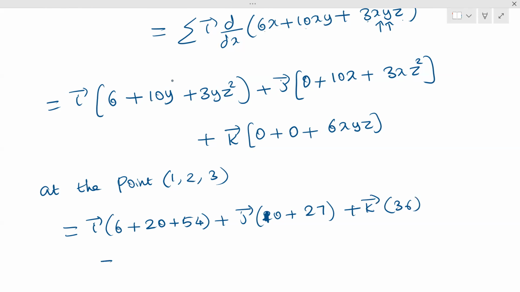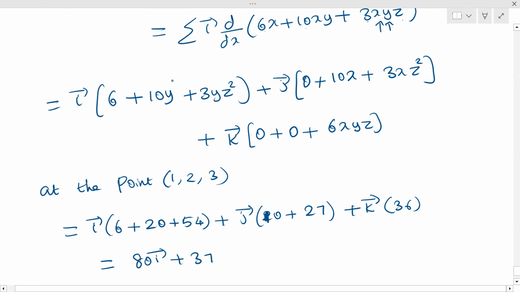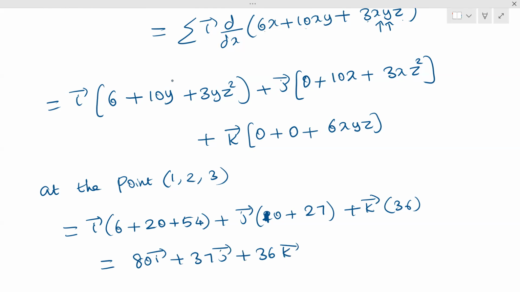So which is nothing but 80i plus 37j plus 36k. So this is our gradient of divergence f.